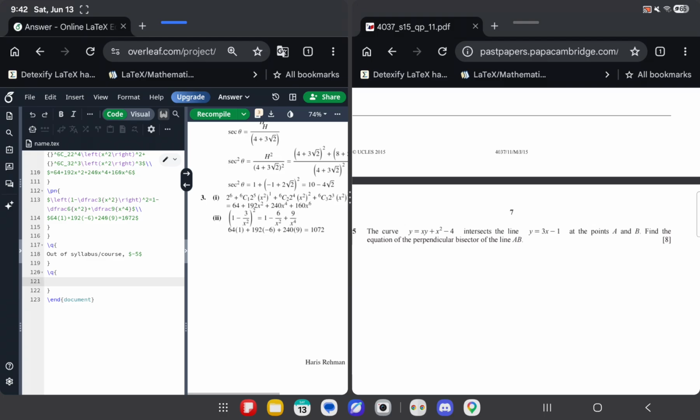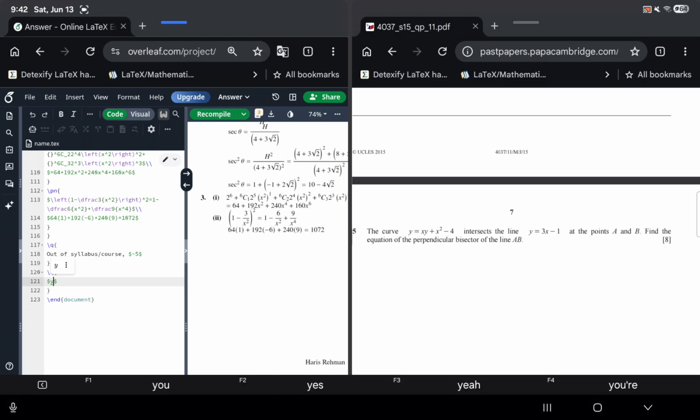We can do y equals 1 minus x is equal to x squared minus 4, and if we replace y with that, we get 3x minus 1, x minus 1 is equal to x squared minus 4, giving us what? 3x squared minus 3x minus x plus 1 is equal to x squared minus 4.